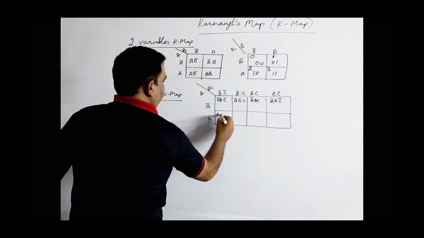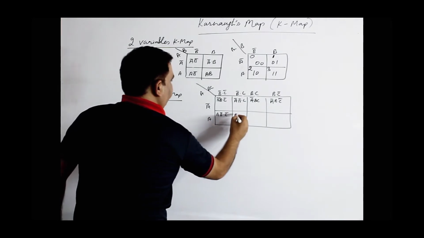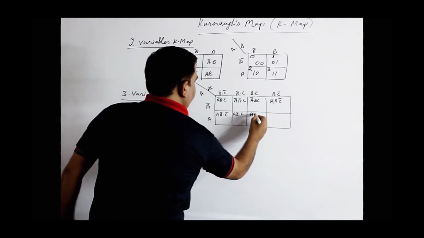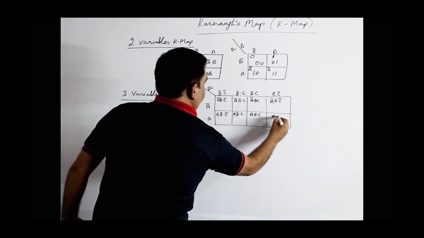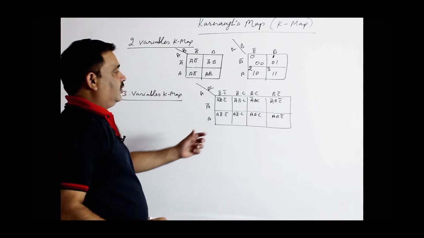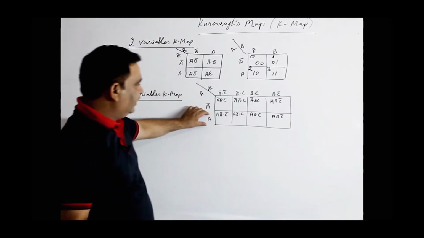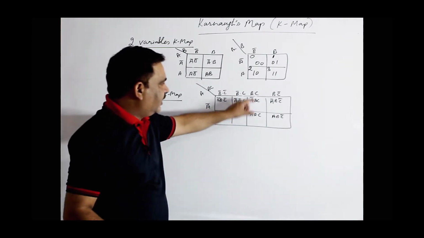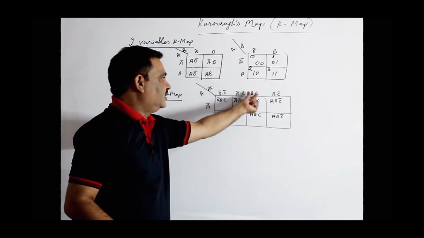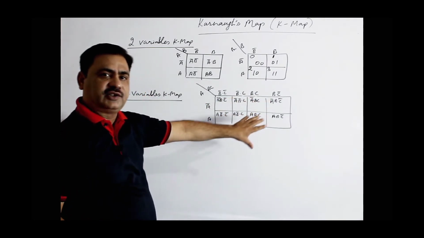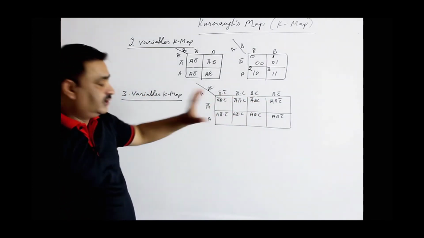Here also A, B complement C complement, A B complement C, A B C, A B C complement. So, each column is the combination of the left literal, the left variable, and the top variable. Here is B C, B C from here. Each cell is the intersection of the corresponding literals.